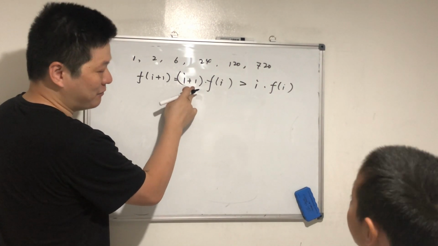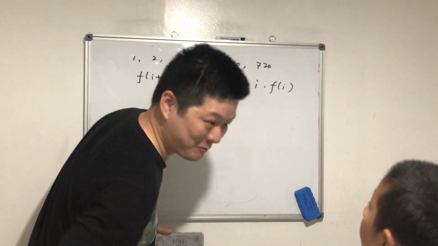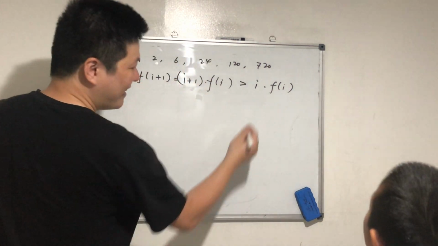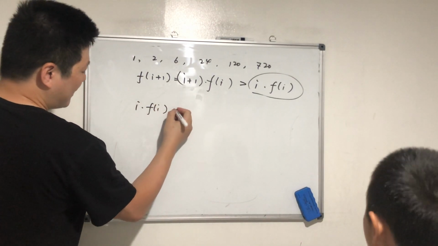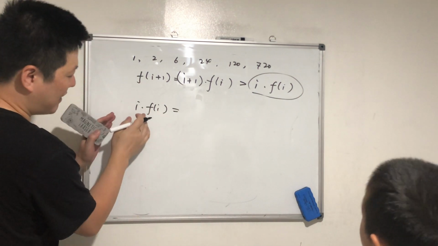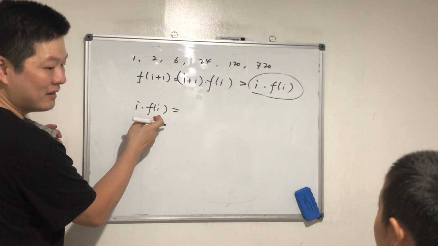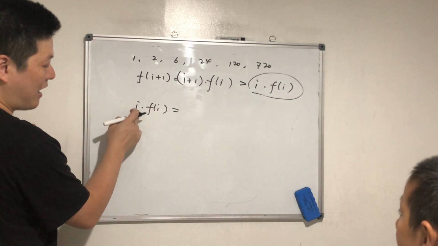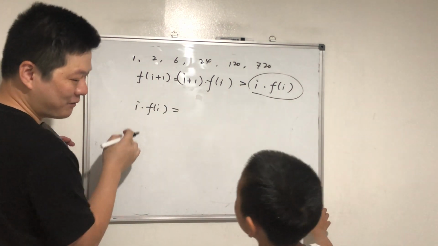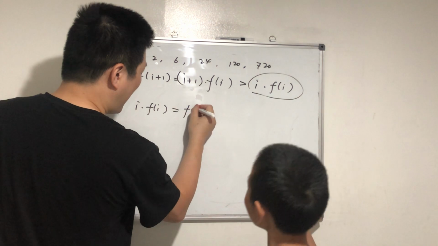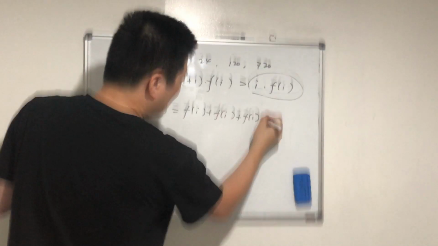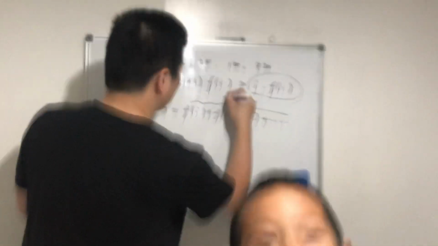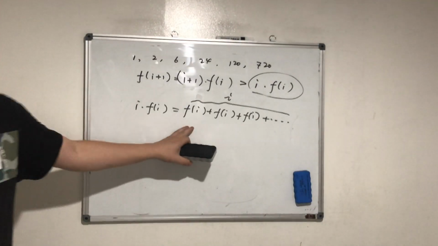So what does i times Fi mean? It is i copies of Fi: Fi plus Fi plus Fi and so on. There are i copies of this.